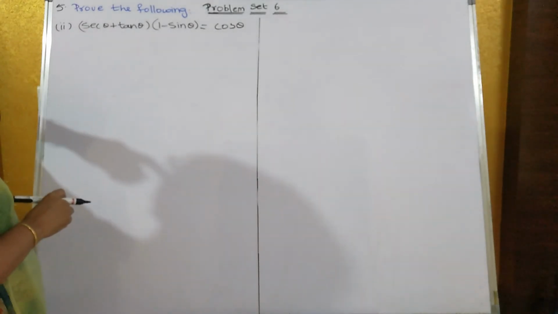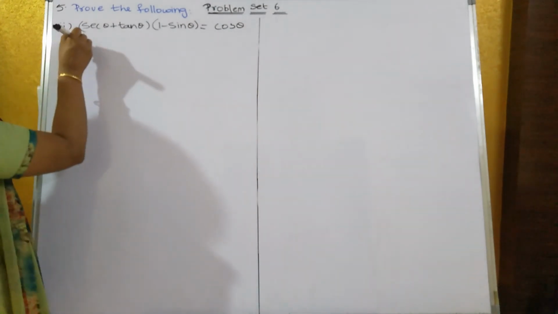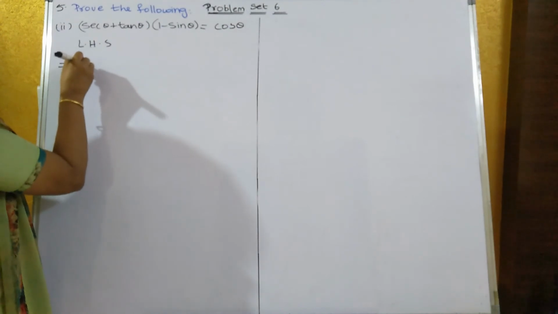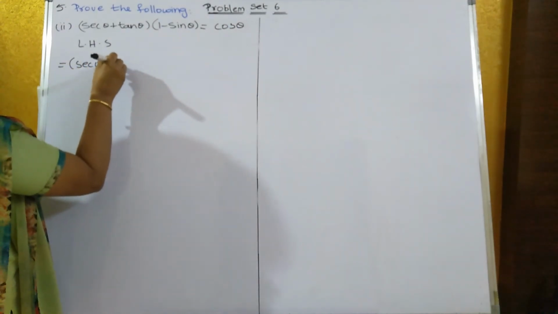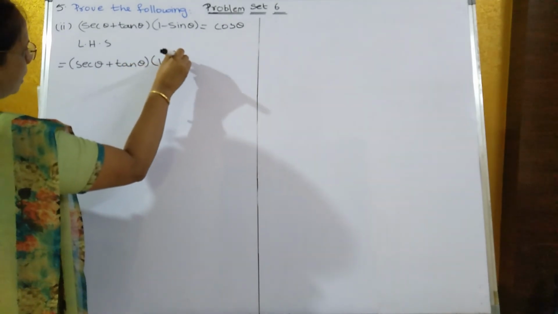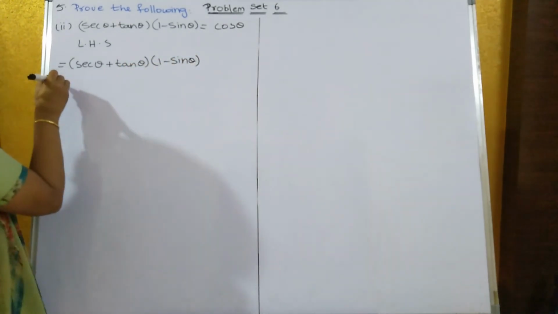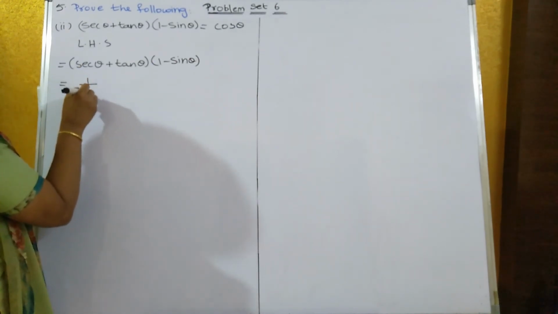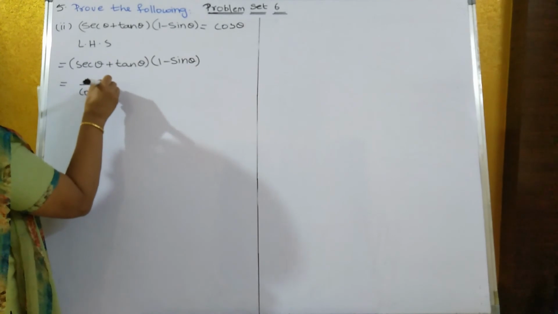Now second sum of prove the following. Now LHS is equal to what? Sec theta plus tan theta into 1 minus sine theta. It is somewhat like the previous sum only. Sec theta is what? 1 upon cos theta, and tan theta is what?